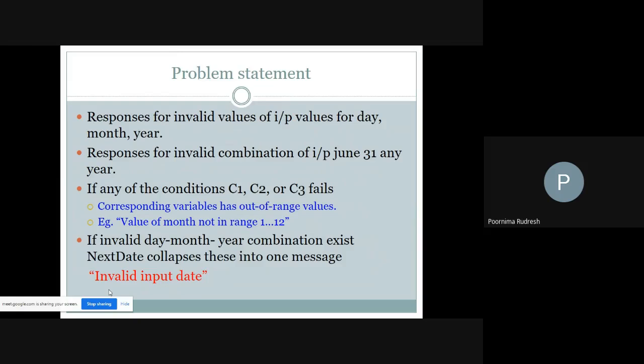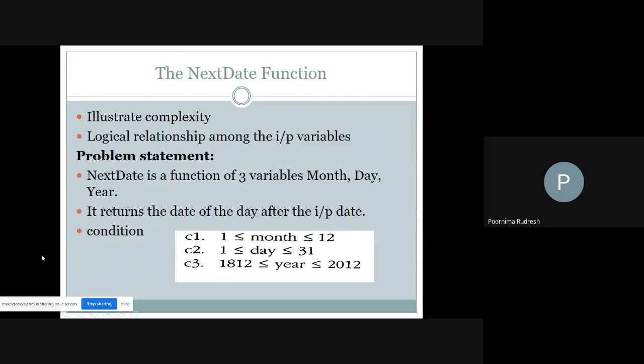If one of the conditions fails, for C1, what is the condition? C1 is this, right? Month should be between 1 and 12. If I enter 13, then the C1 condition fails, and it will display the error message. For C2, what is the condition? 1 is less than or equal to date, which is less than or equal to 31.